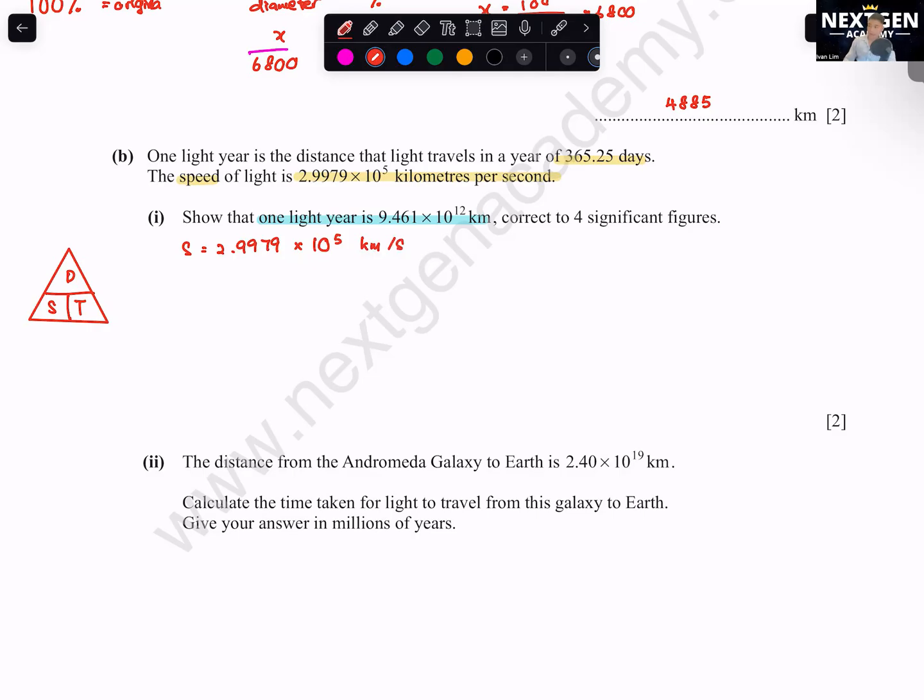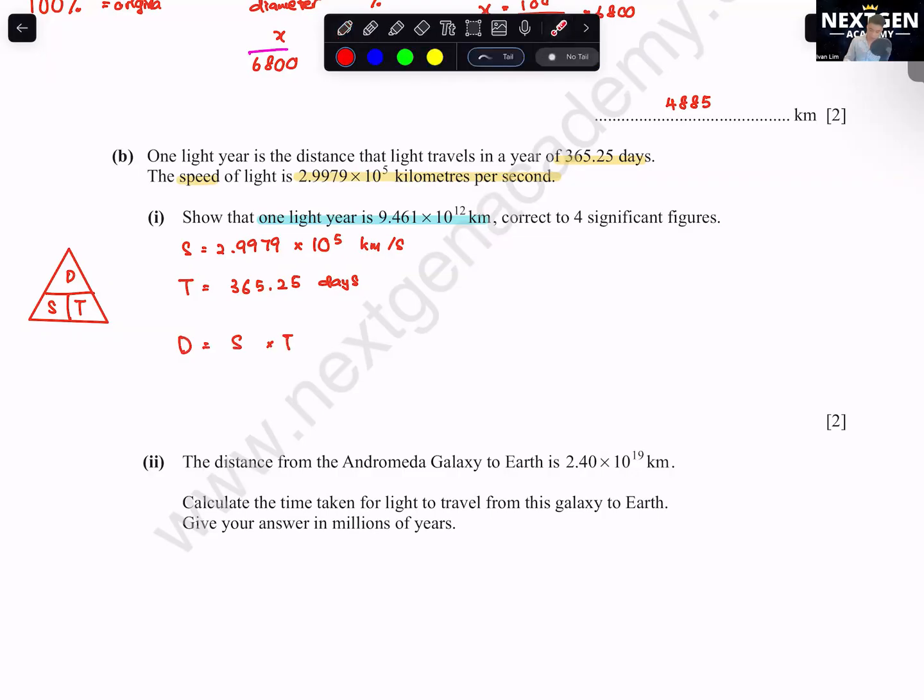They gave us the time in terms of days, 365.25 days. But you look at the formula that we want. They are asking us to find distance actually. So distance is speed multiplied by time.